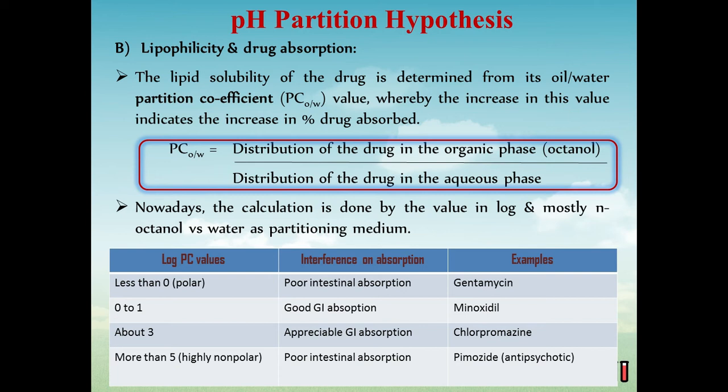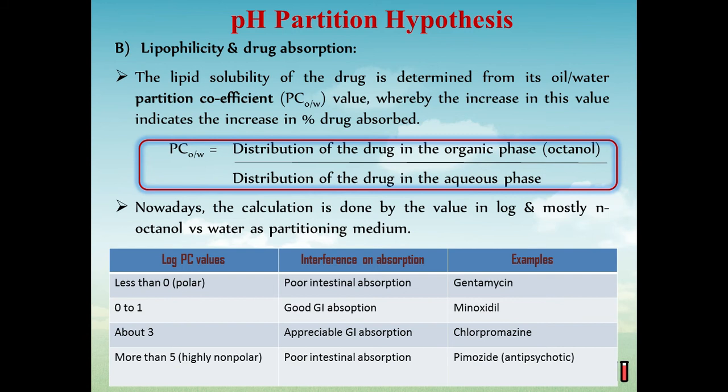If it ranges between 0 to 1, then there is good GI absorption, and it will get absorbed very well in any part of the gastrointestinal tract. If it is near about 3, then there is appreciable GI absorption, meaning not too little and not too high. And if it is more than 5, then we can say it is highly non-polar and will show poor intestinal absorption. An example is pimozide, one of the antipsychotic agents.